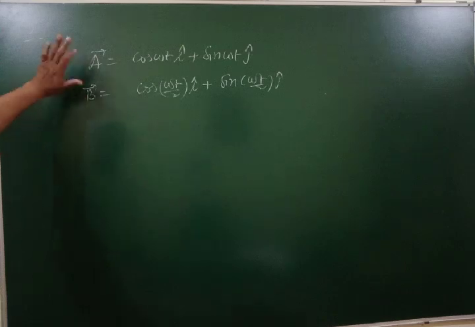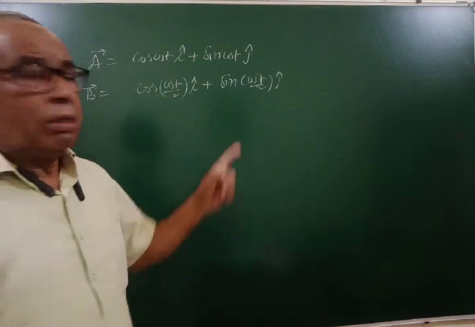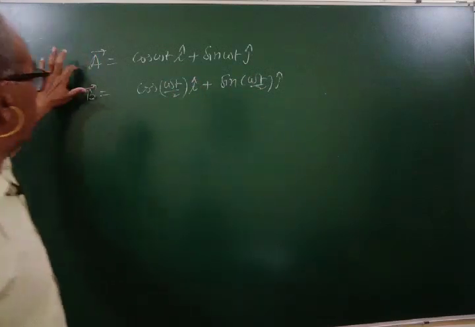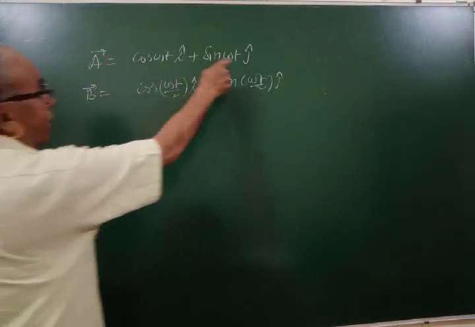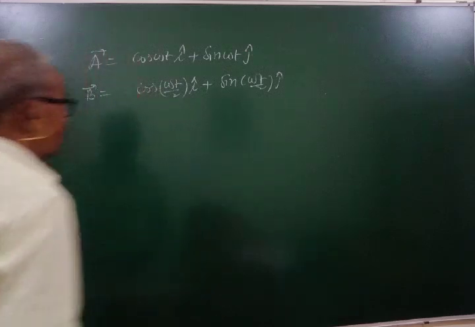These two vectors A and B are time dependent. The question shows that as t varies, the value will vary.